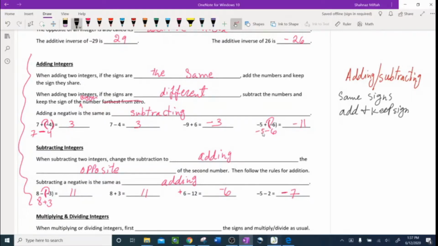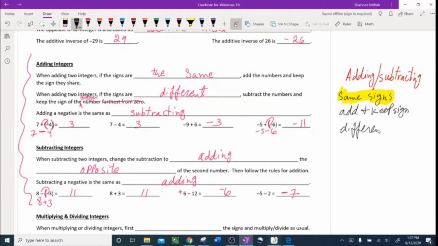Like for example, this one. If you have same signs, we add and we keep. That's what it means. Let's go back, remember this. And then we have another one. This is same signs. This is same signs. Now we're going to go for different signs.